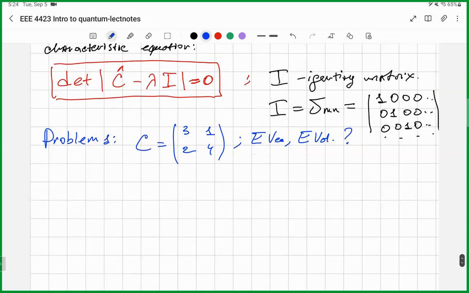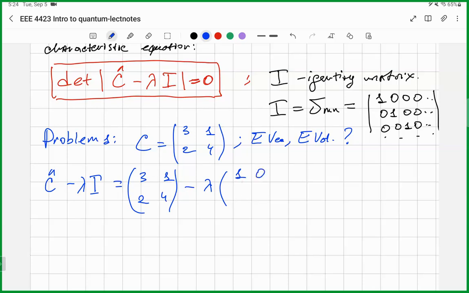So to write down this characteristic equation, we need to find the determinant of the matrix C minus lambda I, right? Our matrix is [3, 1; 2, 4], minus lambda times the unitary matrix in the same space, which is [1, 0; 0, 1].